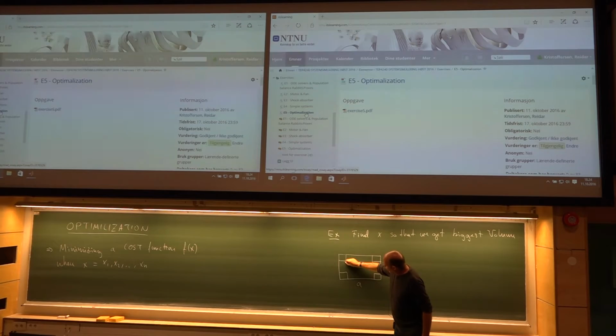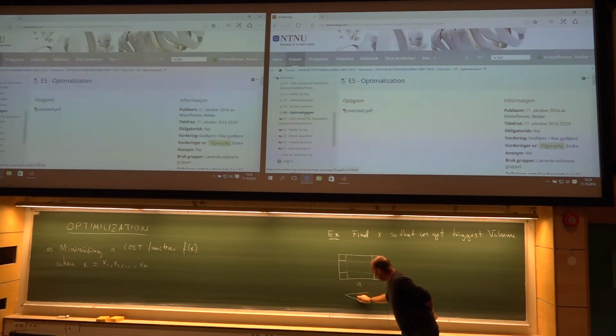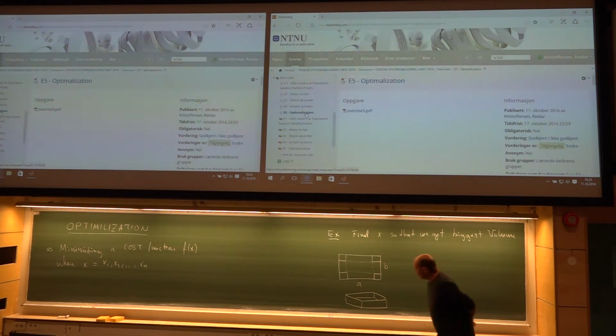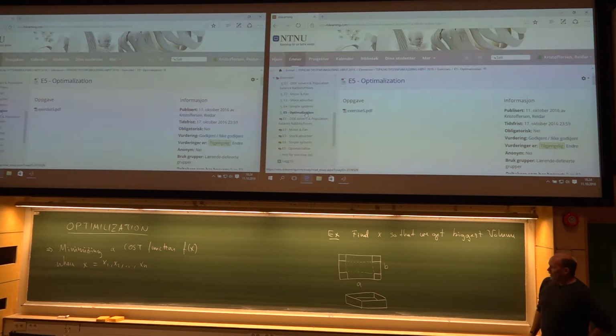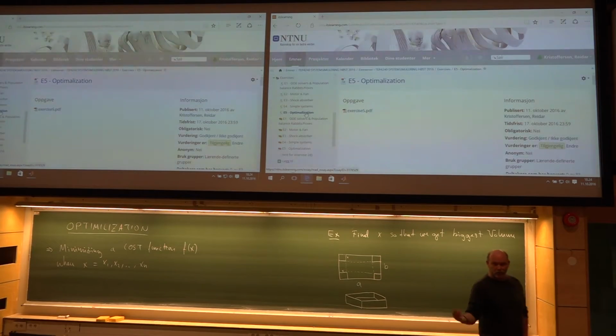And then you fold it here. So in 3D, you will have something like this. And how big will this box be? Well, the corners have size x by x, of course.